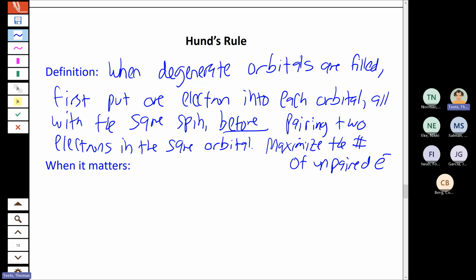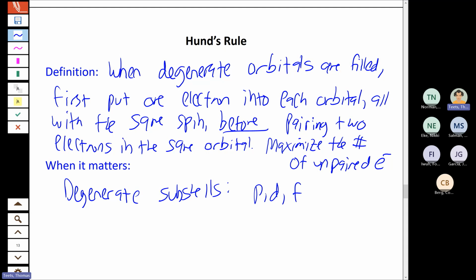Now, when does this matter? When does Hund's rule even come into play? It only comes into play when you have degenerate orbitals, as we said. So it doesn't matter in the s subshells because they only have a single orbital. But in the degenerate subshells, the p, d, or f subshells, if we want to find the individual occupancy of each orbital and the relative spins of the electrons in those orbitals, we need to follow Hund's rule.